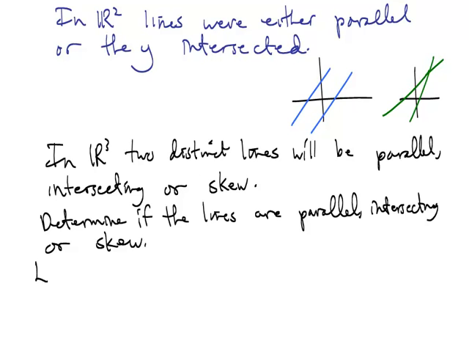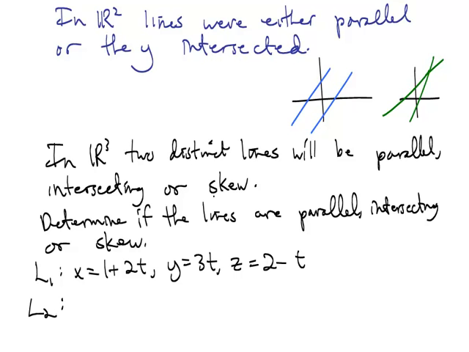And let's go ahead and let L1 be given by these parametric equations. x equals 1 plus 2t, y equals 3t, z equals 2 minus t. And L2 will be this. Parametric equations also, x equals negative 1 plus s. So I'm using s as my parameter here to avoid confusion. y equals 4 plus s. z is equal to 1 plus 3s.